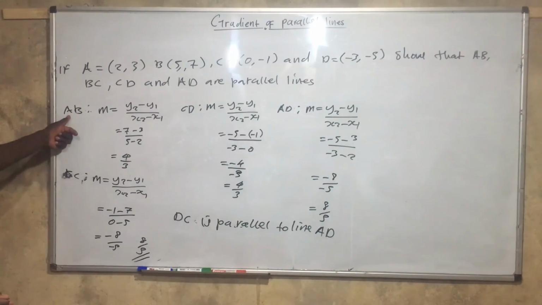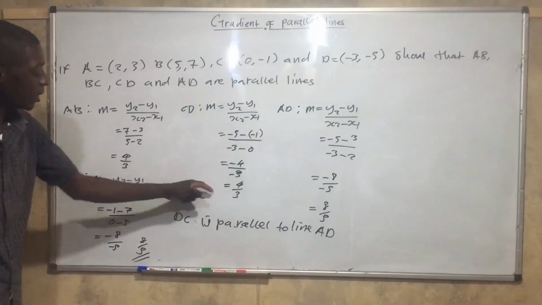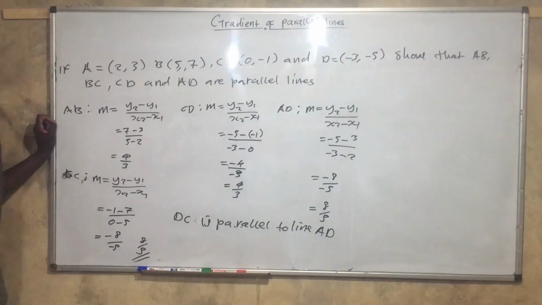If we look at AB, AB is also parallel to CD because the gradient is also the same. So for parallel lines, the gradients are equal.